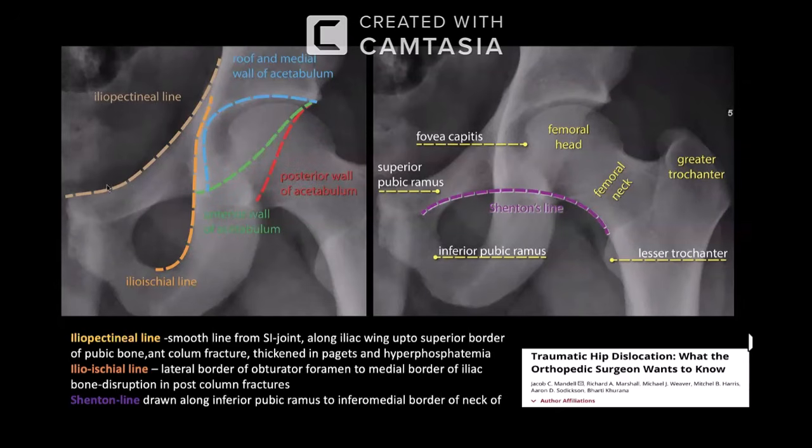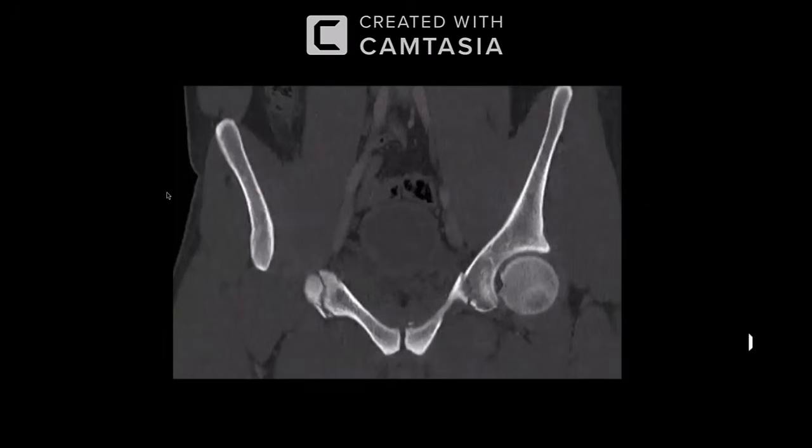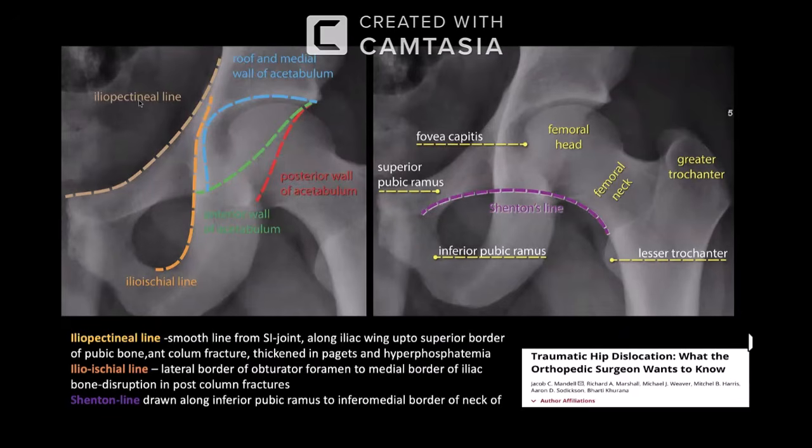The next line is the iliopectineal line. As the name suggests, it is the smooth line running along the anterior iliac wing up to the superior border of the pubic bone. Anterior column fractures disrupt this iliopectineal line.